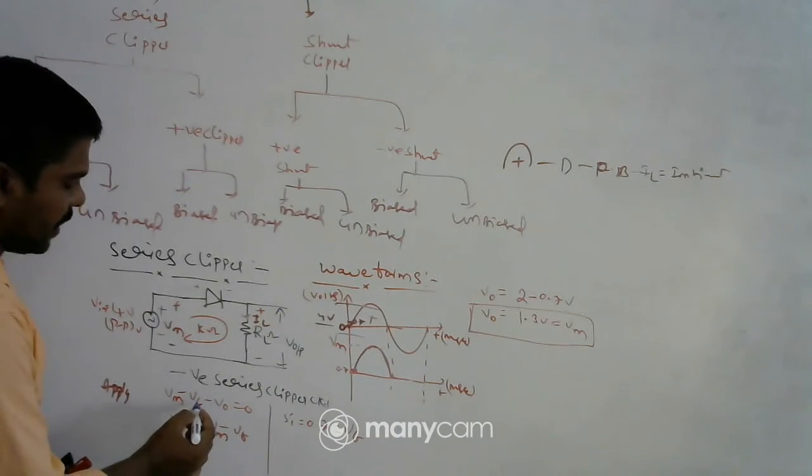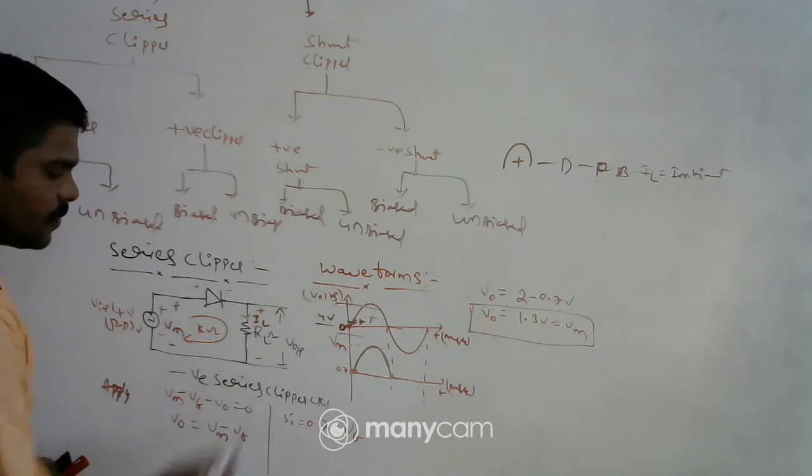So Vm minus Vf minus V naught is equal to 0.